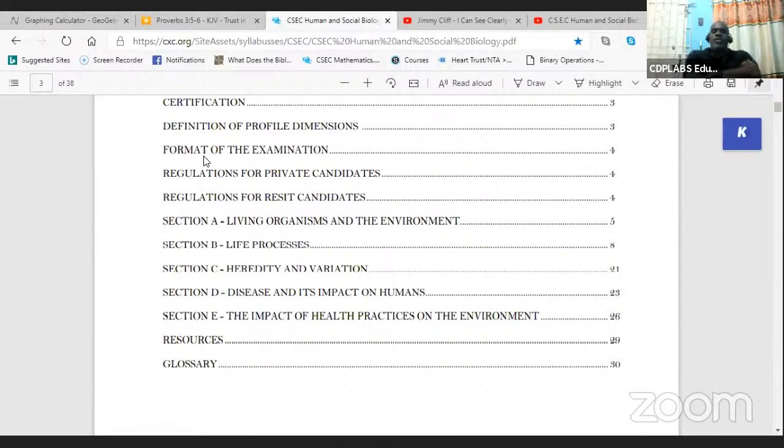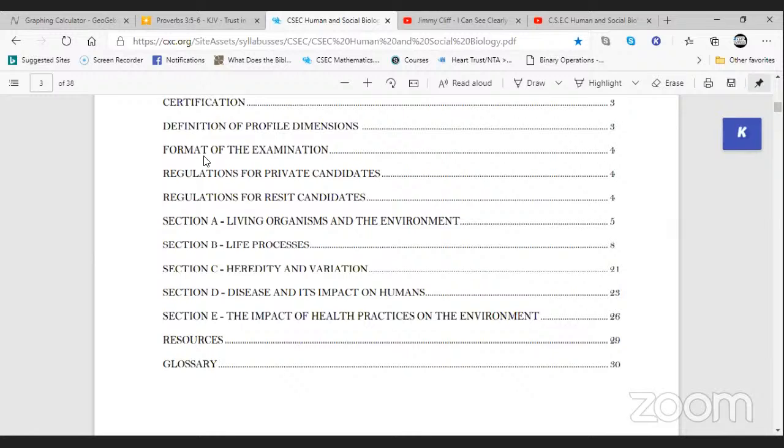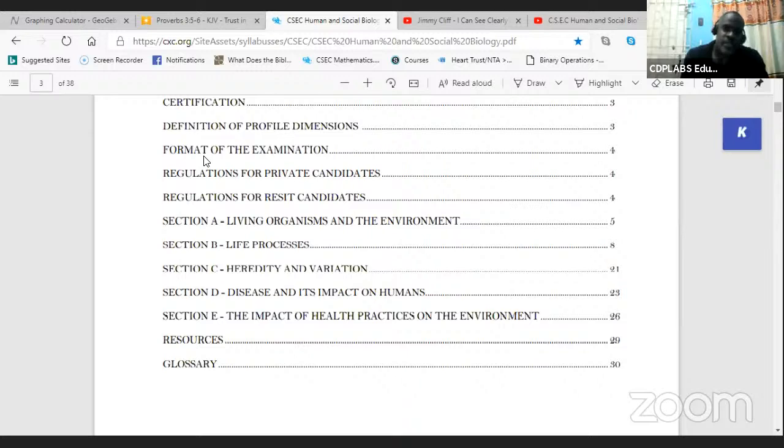Now, heredity and variation is covered by one single video. You talk about why I look as handsome as my father, and why my father looks as handsome as me, or why my daughter looks good. Thank God for her, and why you guys look so beautiful.